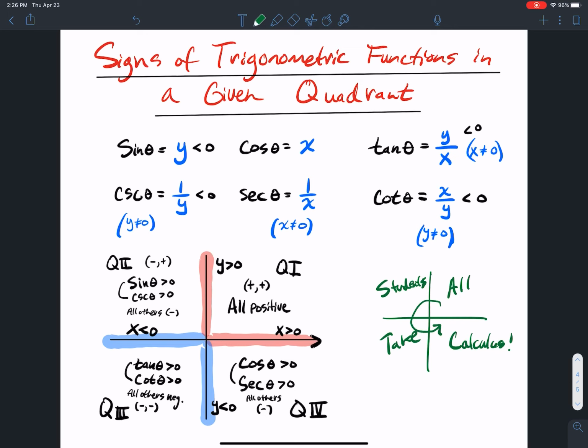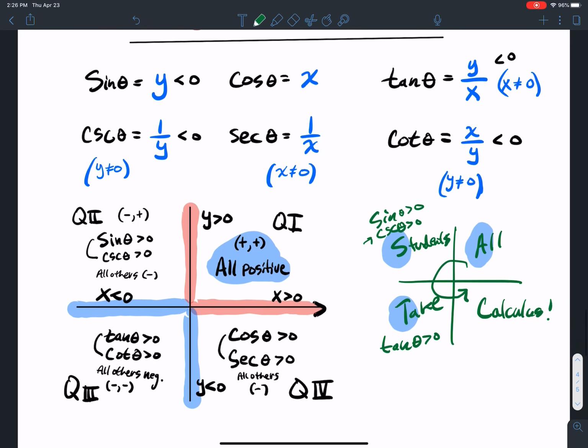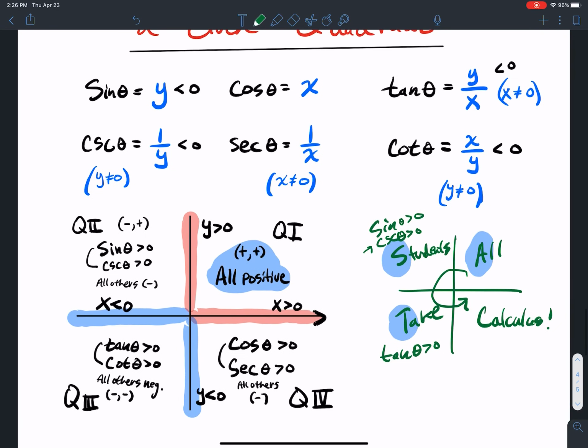Now, what's going on here? A stands for all trig values positive. S is for sine positive. But if you know that sine is positive, then that means the reciprocal cosecant is positive. Okay? Take, T is for tangent, tangent theta. And same thing, if tangent theta is positive, then the cotangent also is positive.